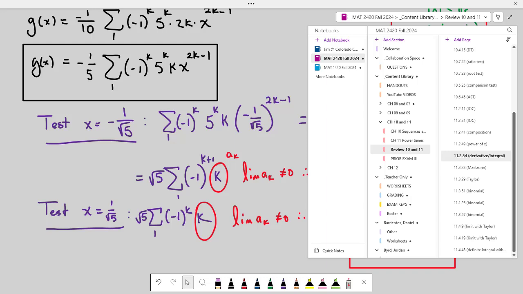The endpoints are the endpoints, and then the question is, do you include or exclude? So if you multiply by a power of x or a constant, you don't change anything. The interval stays the same. Taking a derivative or integrating, the endpoints stay the same, but you might include or exclude them differently from the original. So that's why we test the endpoints.